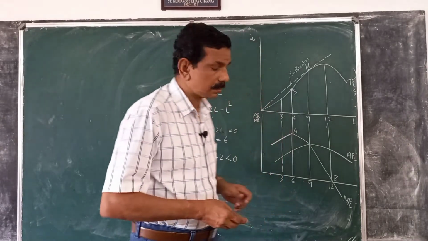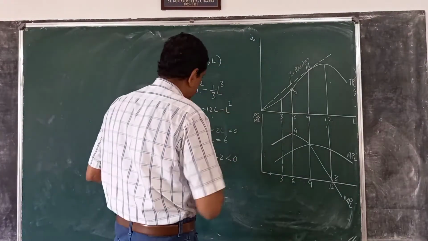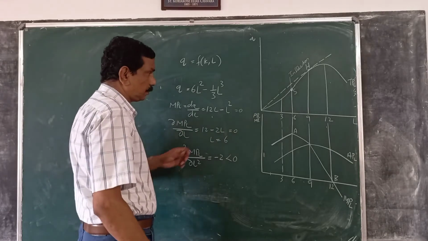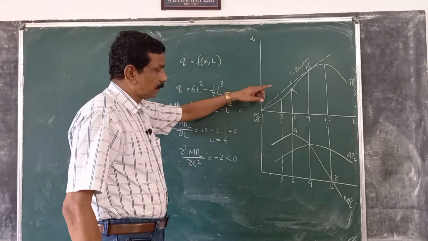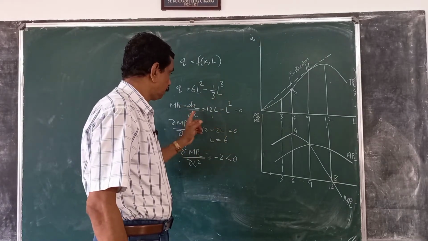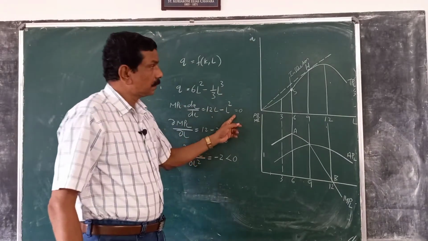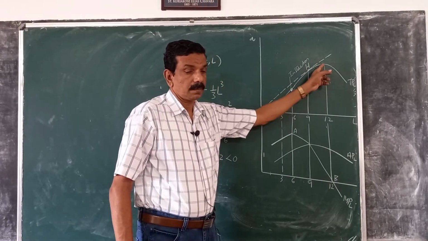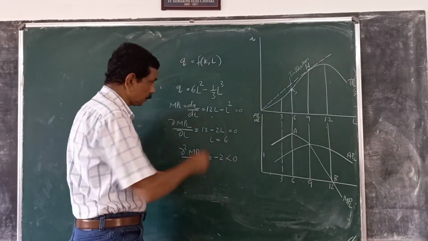So, MBL is 12L minus L square. We equate it to 0. MBL is 0 means total product is maximum. 12L minus L square is equal to 0.